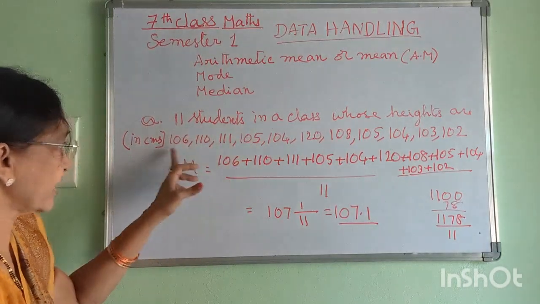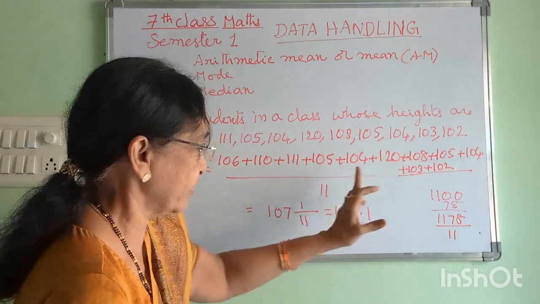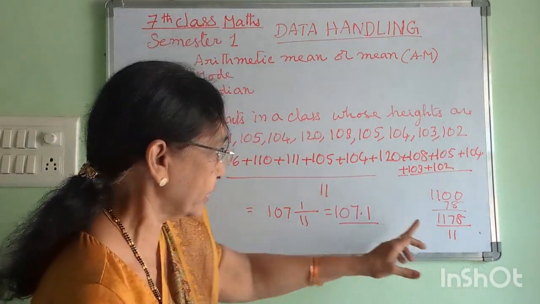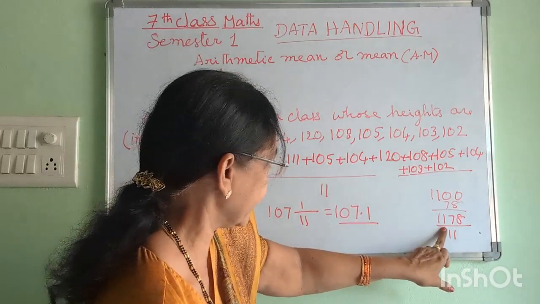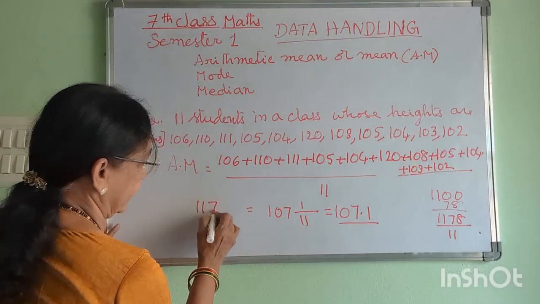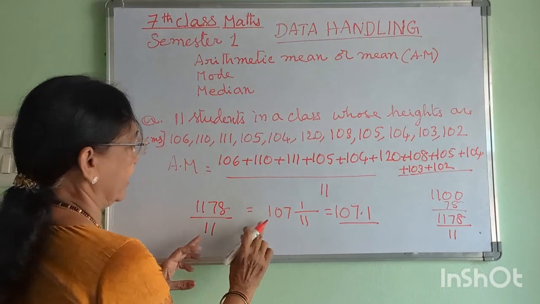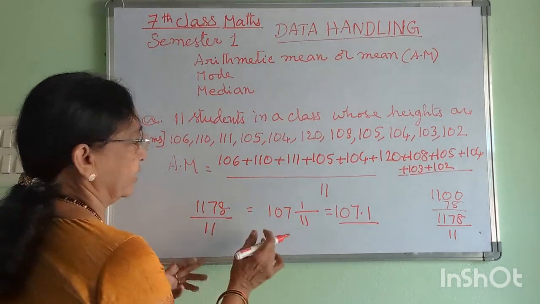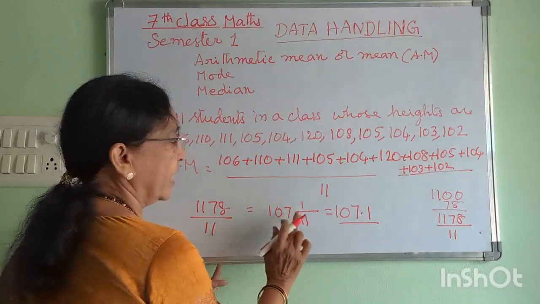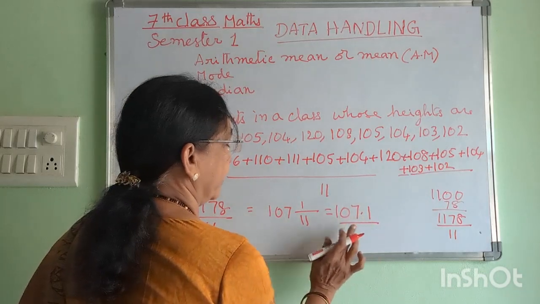11 students' heights are given. Therefore, the arithmetic mean is equal to the sum of the observations divided by 11. I have summed up all the observations. It came to 1178. If we divide 1178 by 11: 11 ones are 11, we take 7, 11 zeros are 0, next 8, 11 sevens are 77, 1 remains, so 1 by 11 is approximately 0.1.